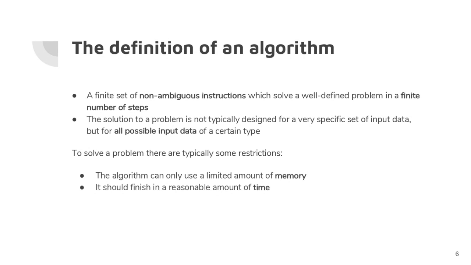Every problem has its specific solution and is designed for a specific input data, but you have to make sure that it covers all possible instances of that input data. So an algorithm should always work for each type of input you give to it. And to solve a problem, there are typically some restrictions. The algorithm can only use a limited amount of memory, and it also should finish in a reasonable amount of time.